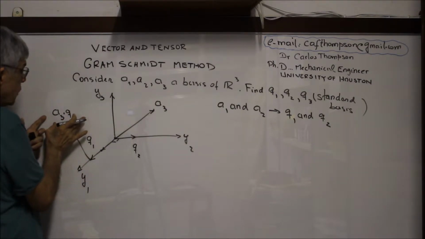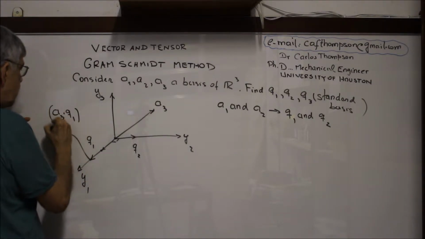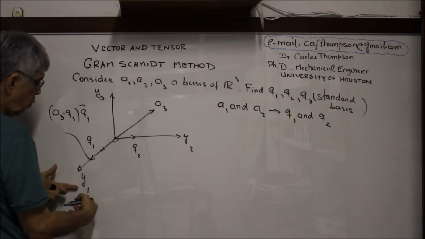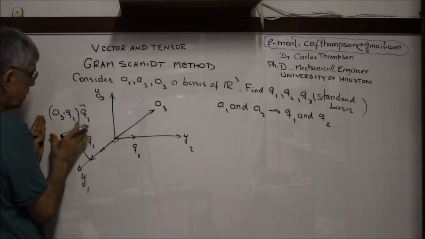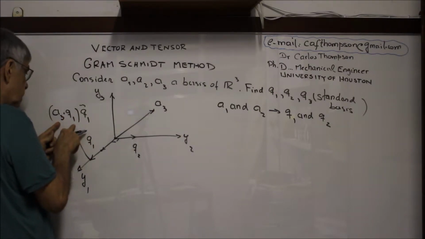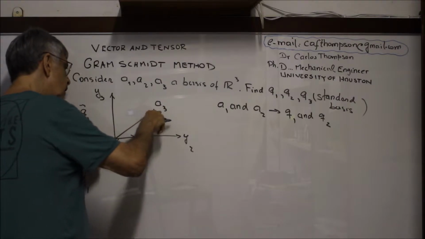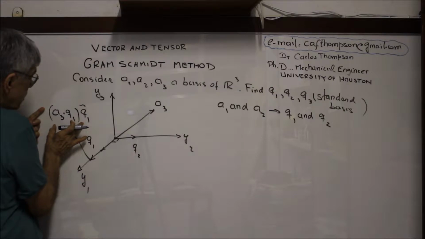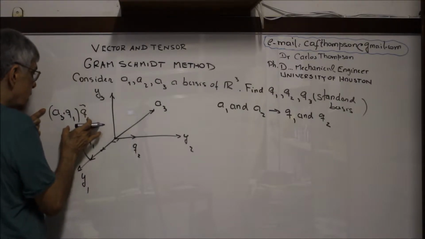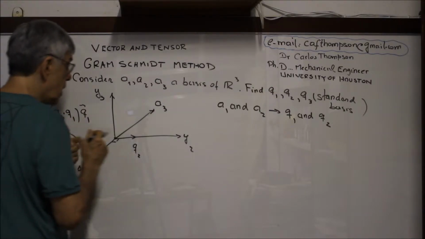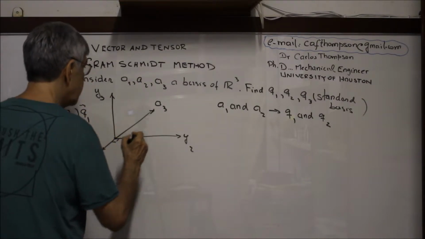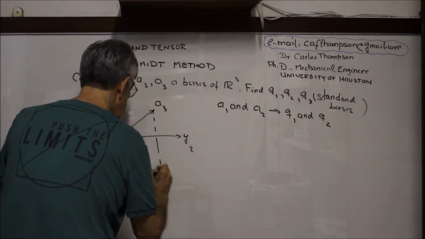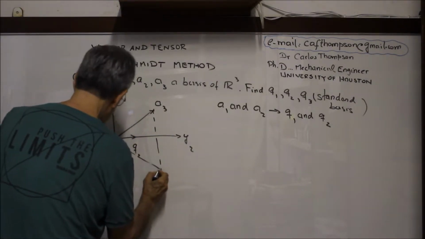This is not a vector, this is a magnitude. For a vector, I have to use the unit vector of this Y1 axis. You see how easy it is? A3 dot Q1, I will project that vector on this Y1 axis. But this is a scalar. I want a vector, then I put Q1. Likewise, I'll do this. Look how easy.